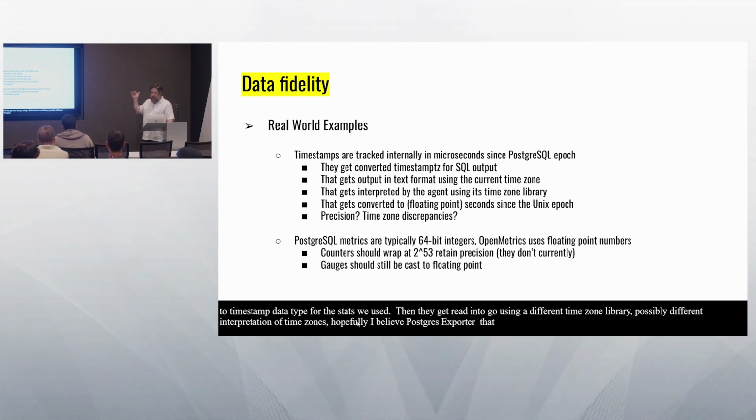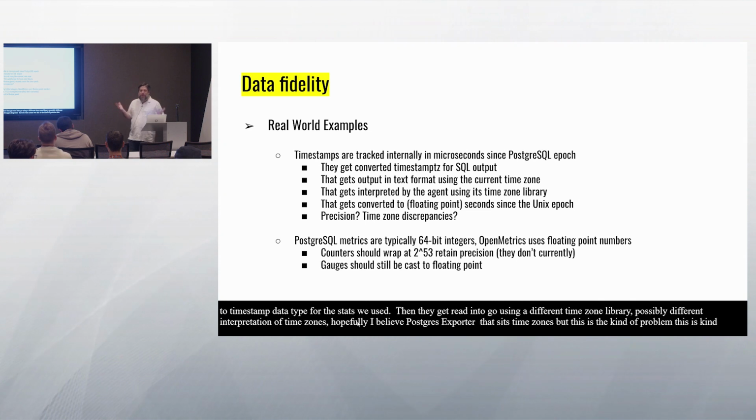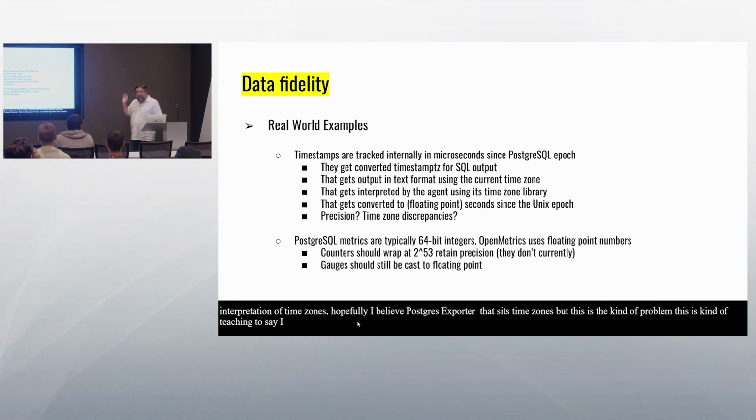But this is the kind of problem that I would not be surprised by. I mean, this is kind of cheating to say I think it's a possible problem. I'm implying there's problems when this specific problem has probably been worked around.